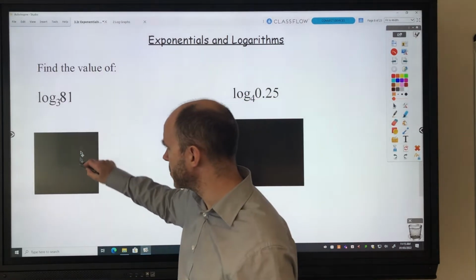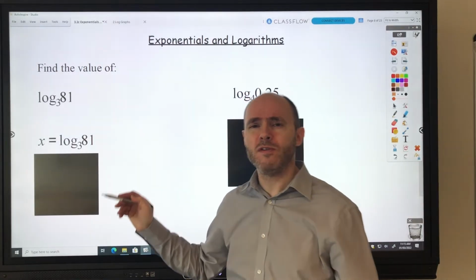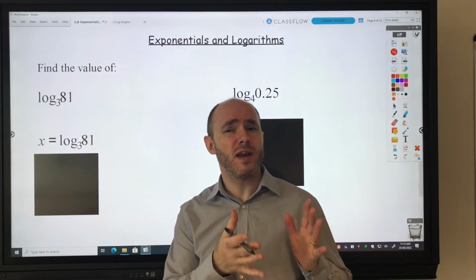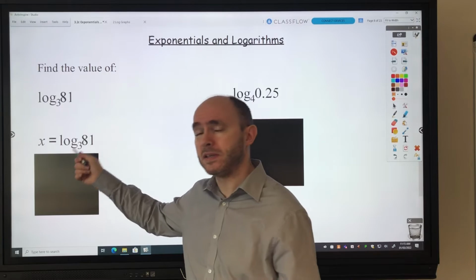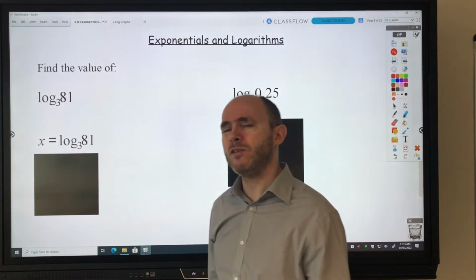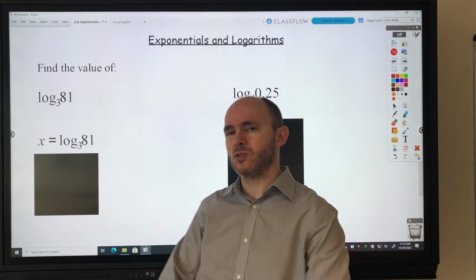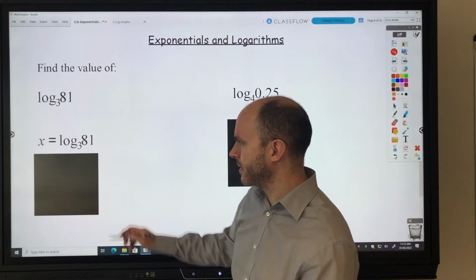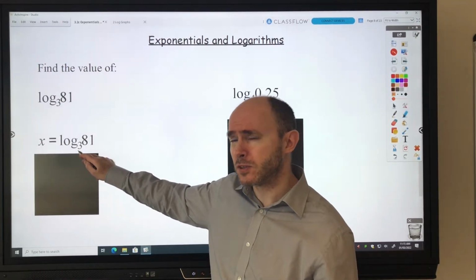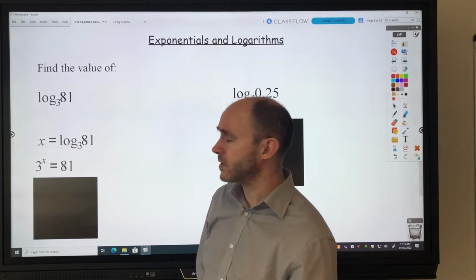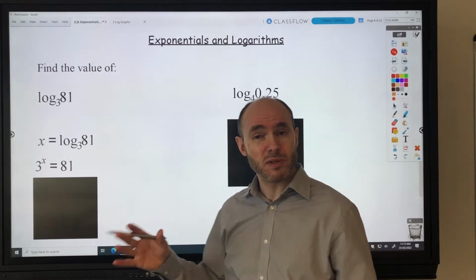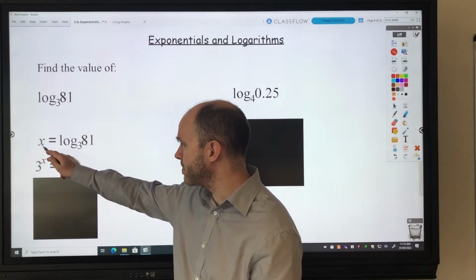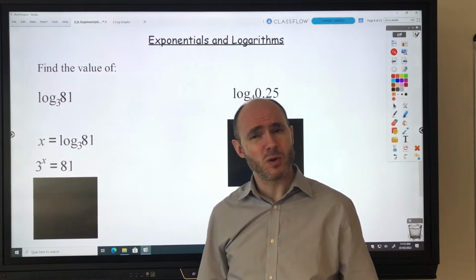This is your method. You first of all set it up as an equation where you let x equal log base 3 of 81, and then you find an equivalent exponential form to write. Bear in mind that's base 3, so you'd rewrite that as 3 to the power of x, just like we did in the previous examples. So 3 to the power of x equals 81, and then you can work out what it is.